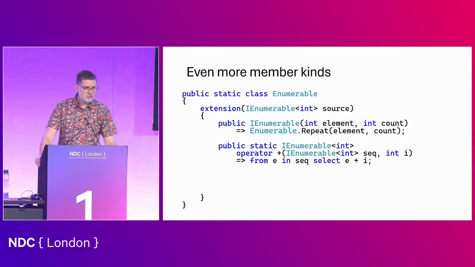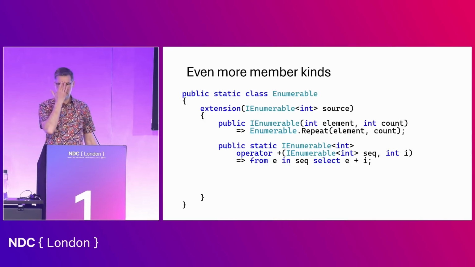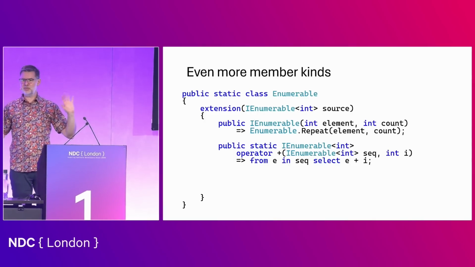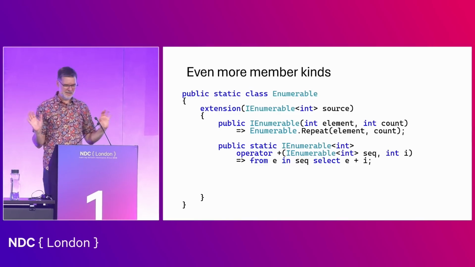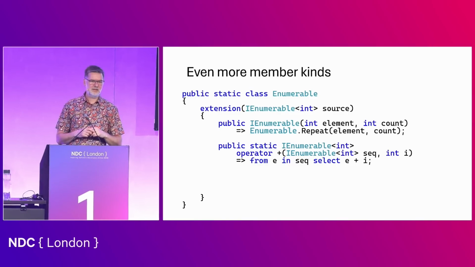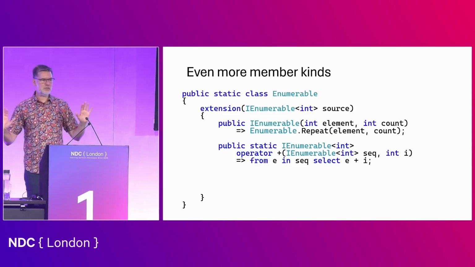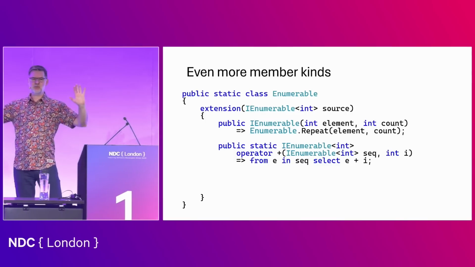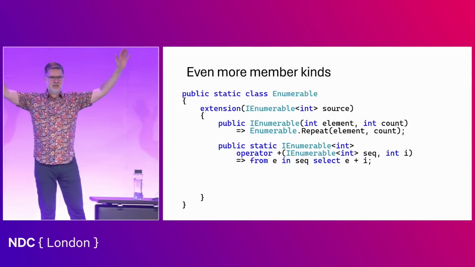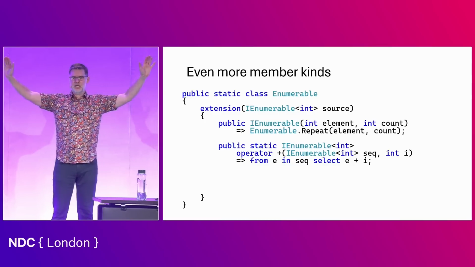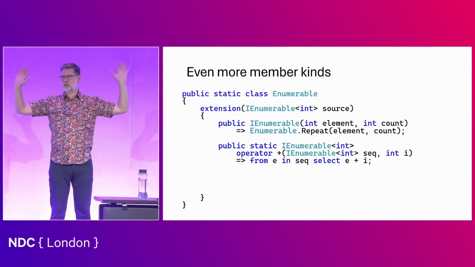Another thing, extension operators. I mentioned the tensor people before. They really want this as well. Think about a matrix type. Sometimes you can do math on the elements in a matrix, and sometimes there's something else.